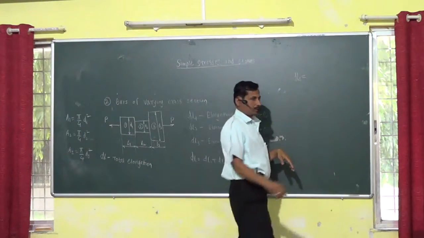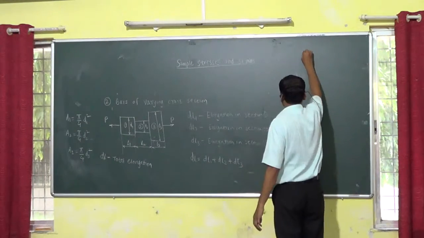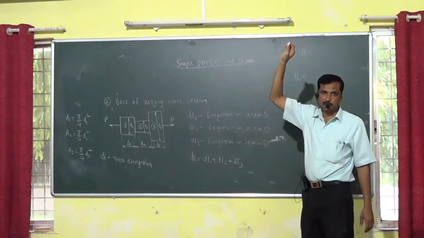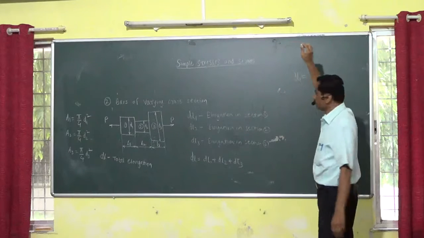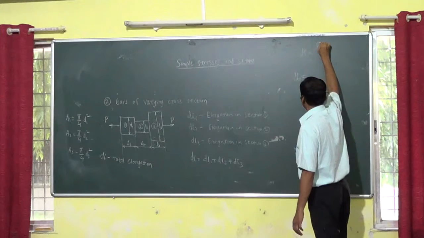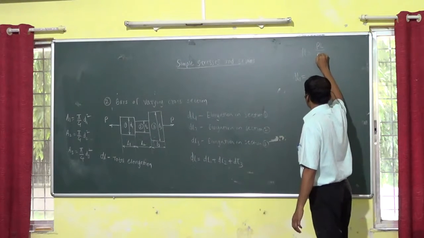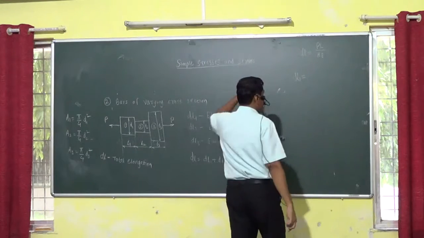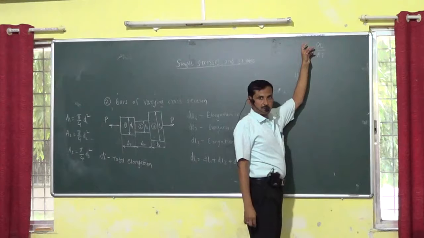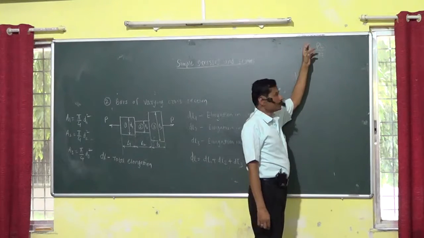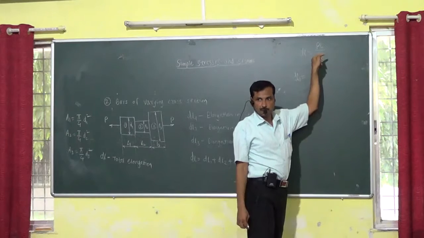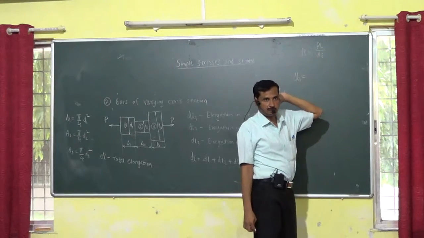Our conventional equation to identify the elongation is DL equal to PL upon AE. That means elongation is directly proportional to the applied force and original length, and inversely proportional to cross sectional area and Young's modulus of the material.